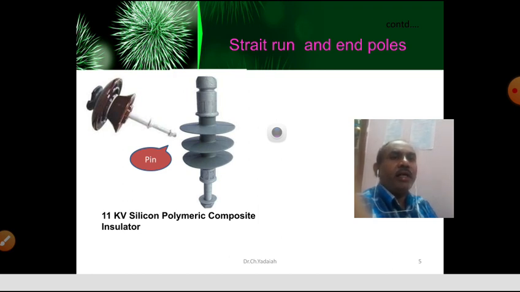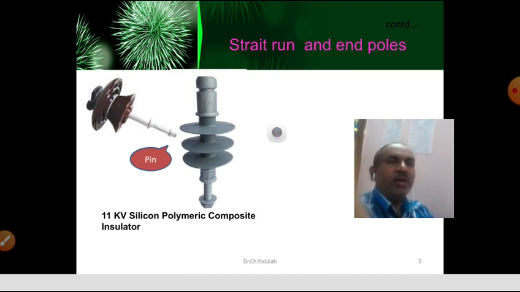Nowadays the material properties have drastically changed with polymeric materials. Silicon polymeric composite insulators are very familiar nowadays. They are compact, have very good characteristics, are light in weight and have long life.